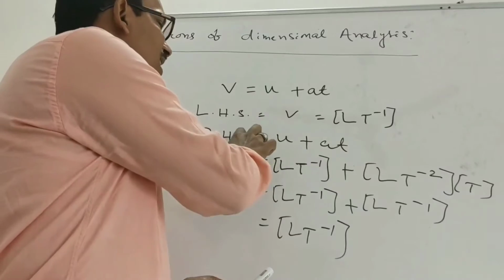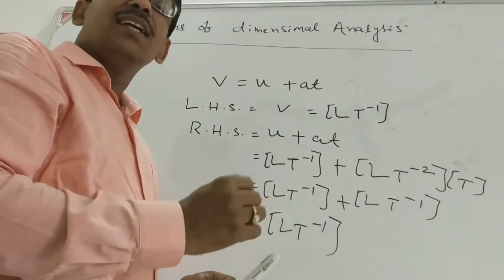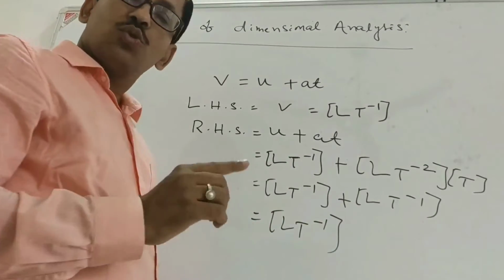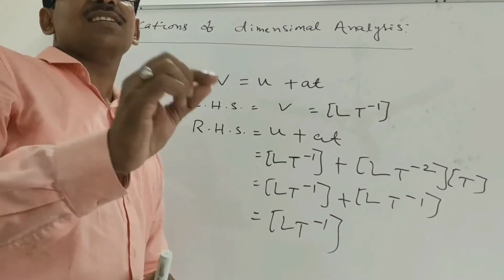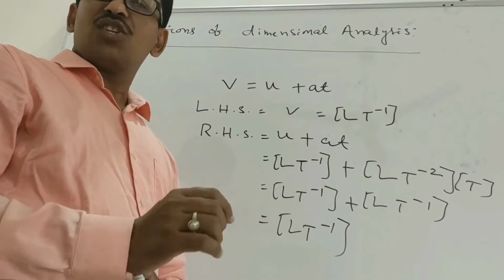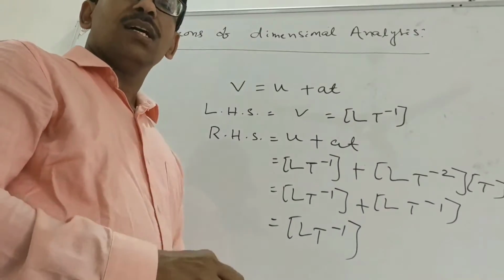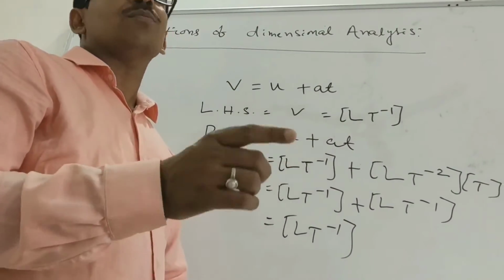So the left hand side dimensional formula is L T minus 1. Right hand side dimensional formula also L T minus 1. So it is dimensionally correct. This is just one example based on this application, to check the correctness of a formula.